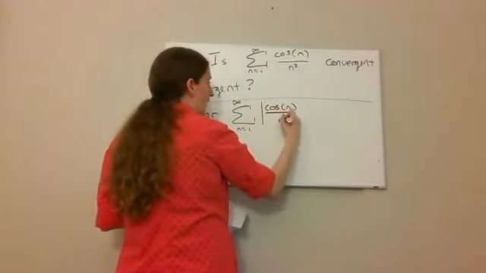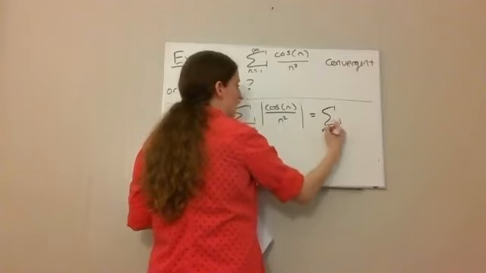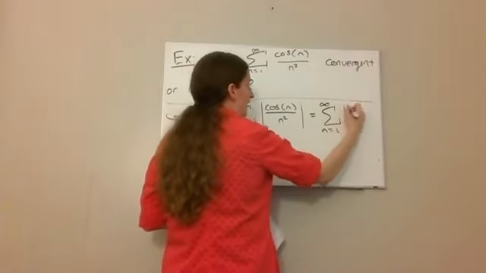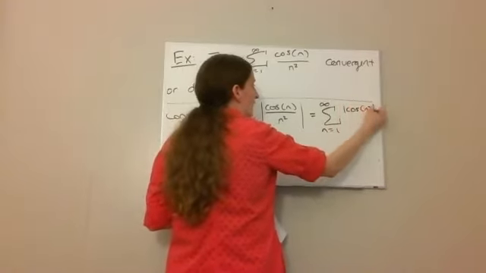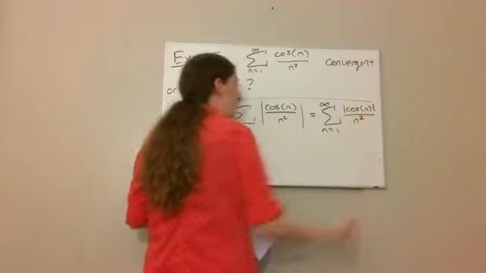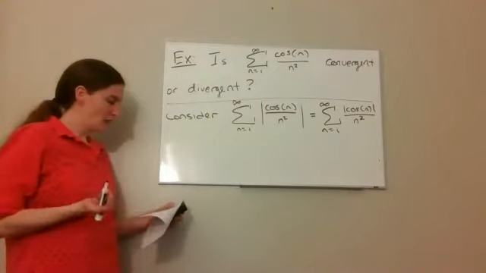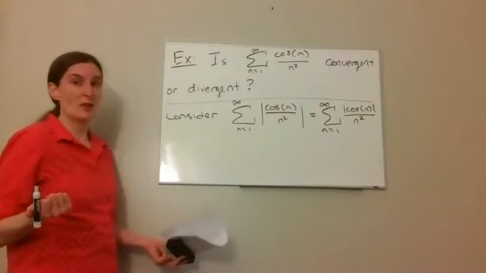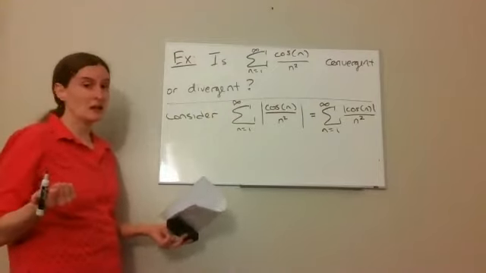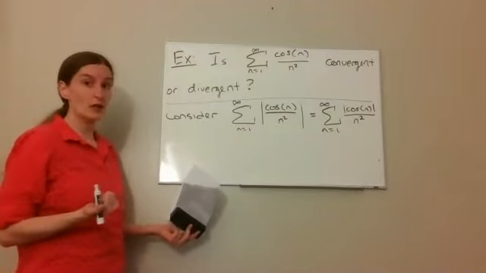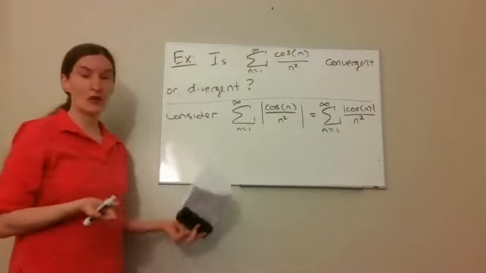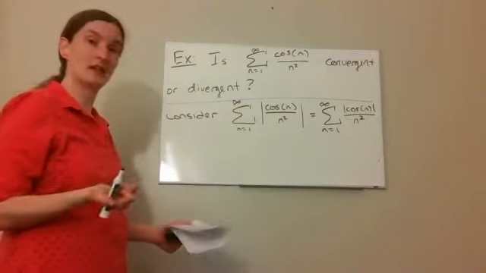Well, this is equal to the sum from 1 to infinity, the absolute value of cosine n over n squared, because my n squared is already always positive. So now we just have to remember, what do we know about cosine? Well, cosine's always between -1 and 1, so then absolute value of cosine is always going to be less than or equal to 1.